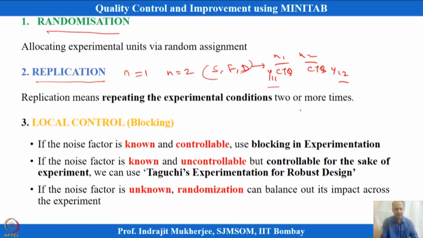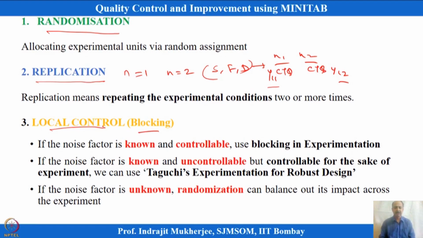Okay. And the third important aspect is known as blocking or local control. Sometimes the factor is uncontrollable, but it is known. Those are the kinds of scenarios we have to deal with. That means there are certain variables which we are unable to control, but our main focus is on controllable variables, whether they impact the mean value of y or sigma of y, that CTQ.